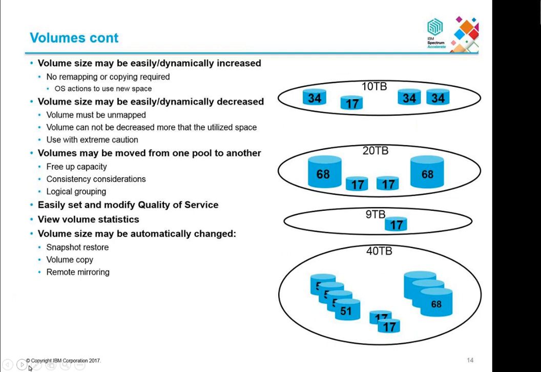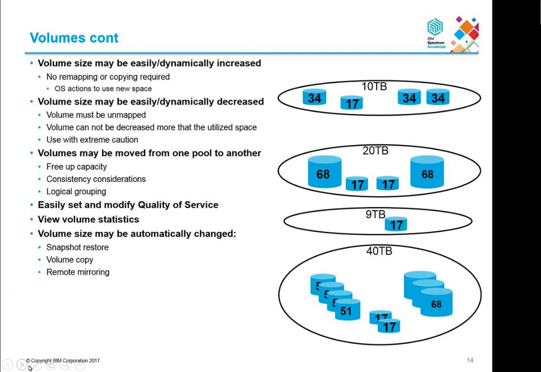I can set and modify quality of service on a volume basis. I can view statistics on a volume basis, and there are cases where I can automatically change the volume size.